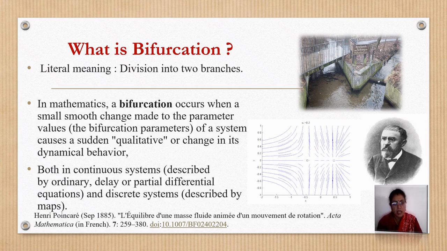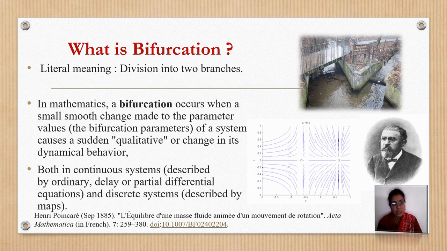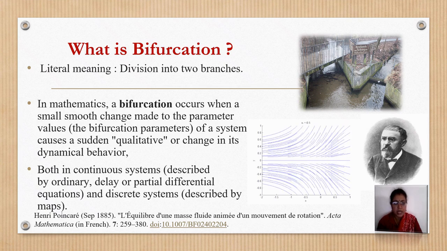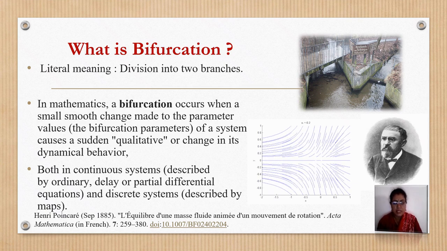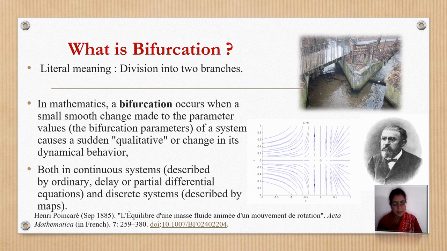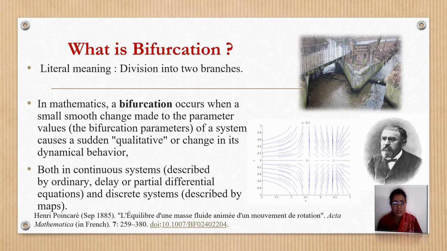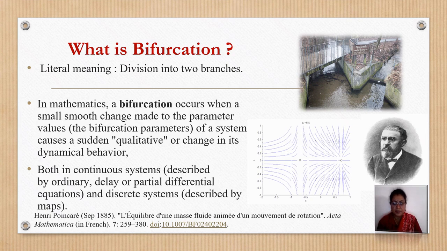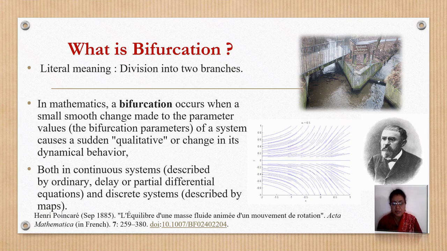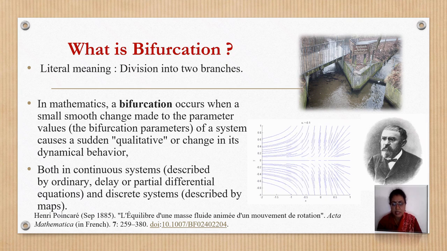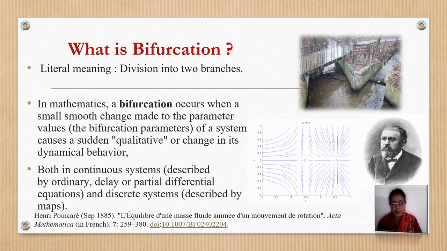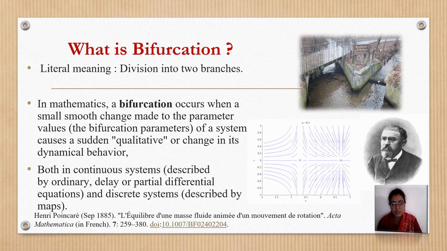Now, it is possible both in continuous systems described by ordinary, partial or delay differential equations, or even in discrete systems described by maps. Here you can see an animated picture wherein the phase portrait describes a bifurcation. That is, as the control parameter changes from 0.5 to 0.1, there is a drastic change in the flow.